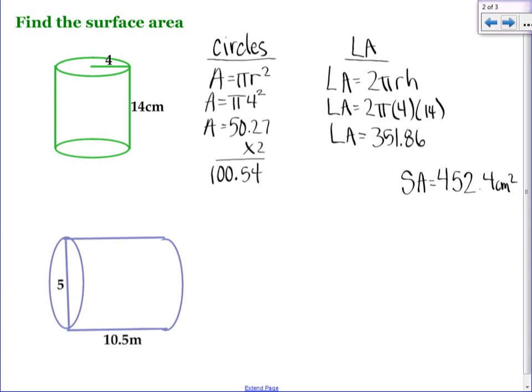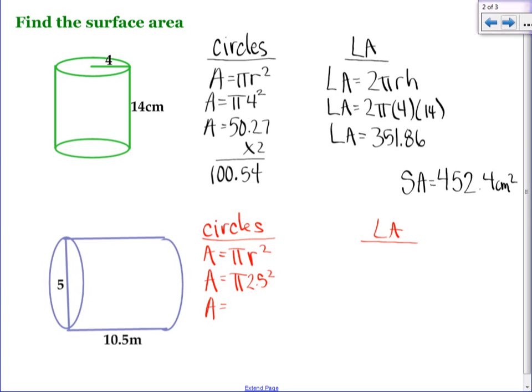Okay, the work is going to look pretty much the same here. We've got circles and the rectangle that wraps around. Area equals pi r squared. What do we put for the radius? Okay, don't put 5. 5 is the diameter. So we got to cut that in half.